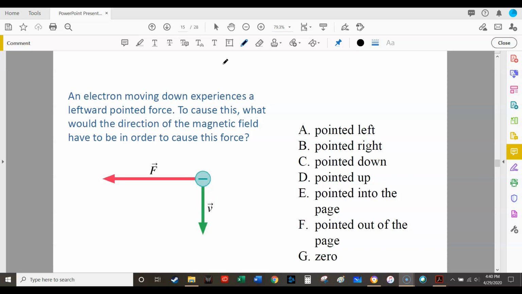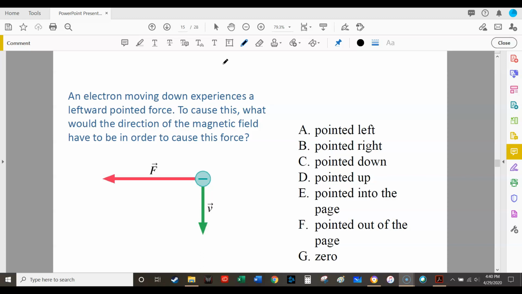All right, so you've unpaused the video. Even though this is a negative particle, you're still going to apply the right-hand rule. I'm going to point my thumb down the page, and I'm going to angle my hand so that my palm, the direction of the force, is pointed to the left side of the screen.